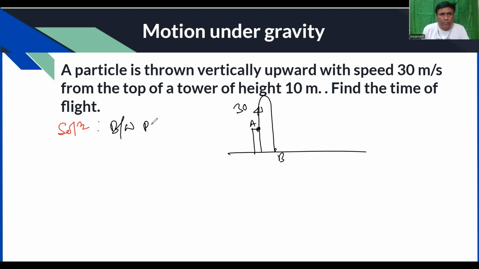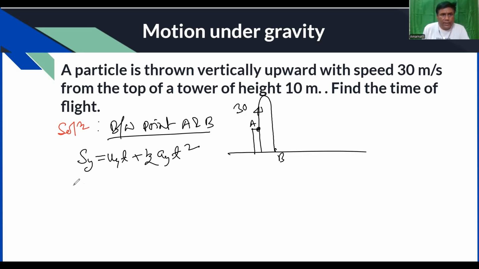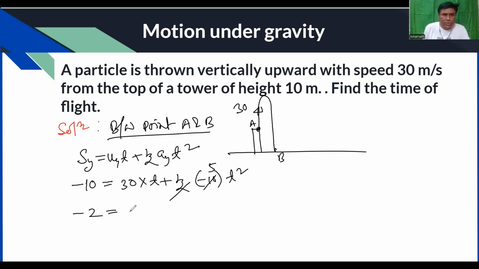Between point A and B, I am writing Sy equal to Uyt plus half Ayt square. Sy is minus 10, U is 30, into T. If we divide all by 5, it will be minus 2.